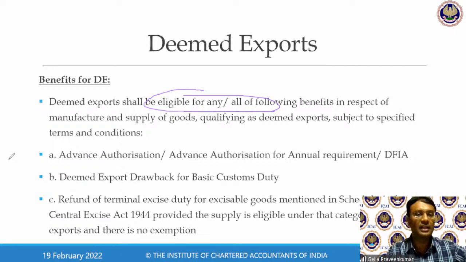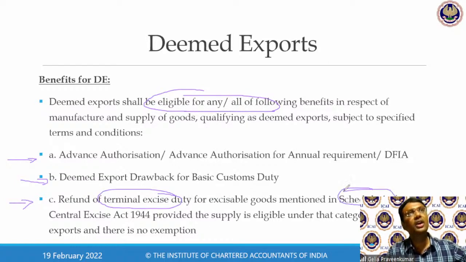So they say that you supply to advance authorization or other entities, or where there is a refund of terminal excise duty. Now, terminal excise duty is levied under Schedule 4 on tobacco products and petroleum products. So this deemed exports is connected with Schedule 4 petroleum products, like Indian Oil Corporation, British Petroleum.